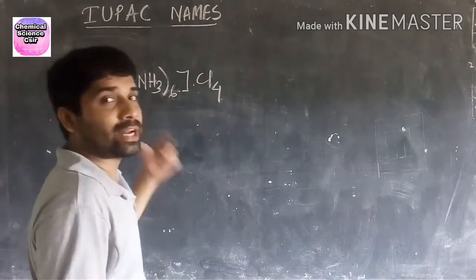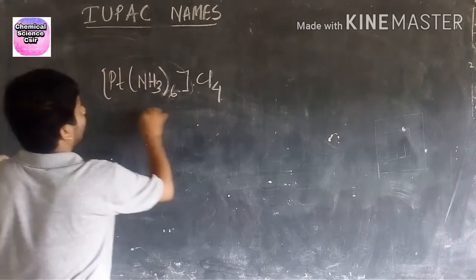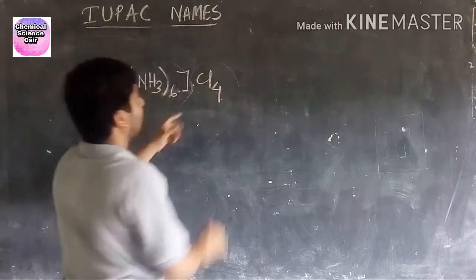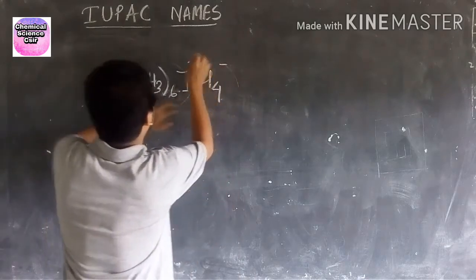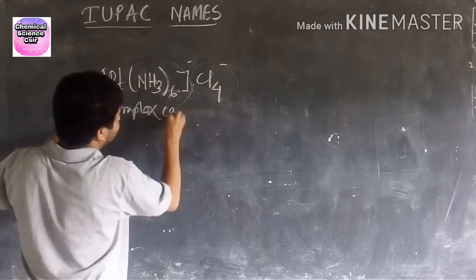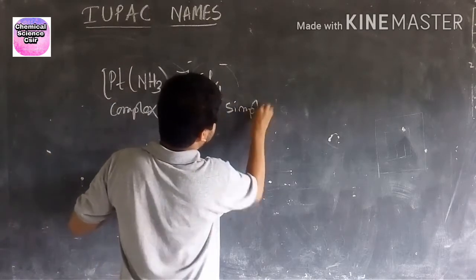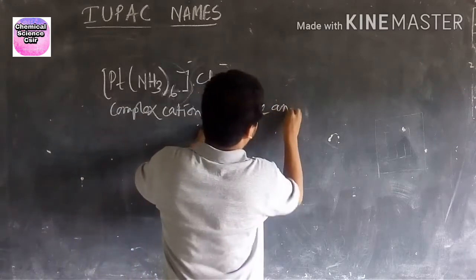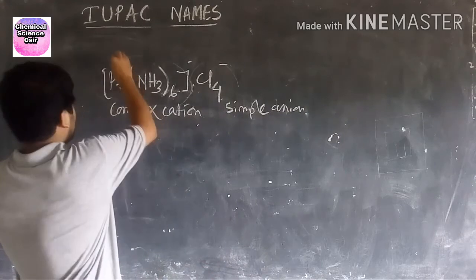This one is the cation part and this one is the anion part. Chloride is an anionic ligand, so negative. So this one is a complex cation, and this one is a simple anion.